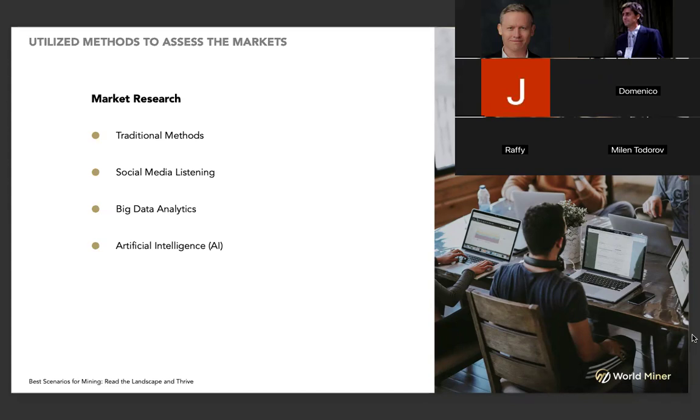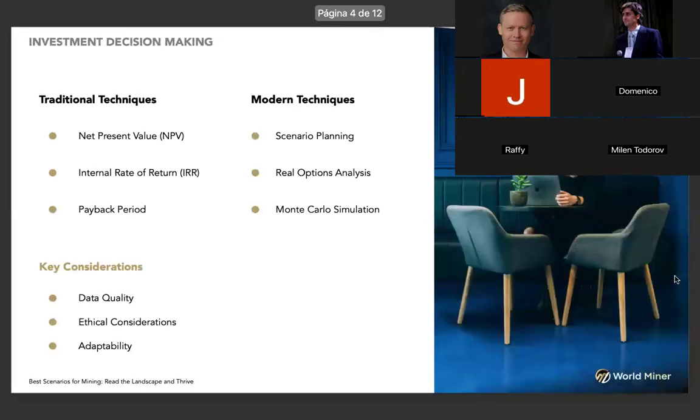And then we come to decision-making in investment. There are the traditional techniques. NPV, the net present value, calculates the present value of future cash flow by considering the time value of money.